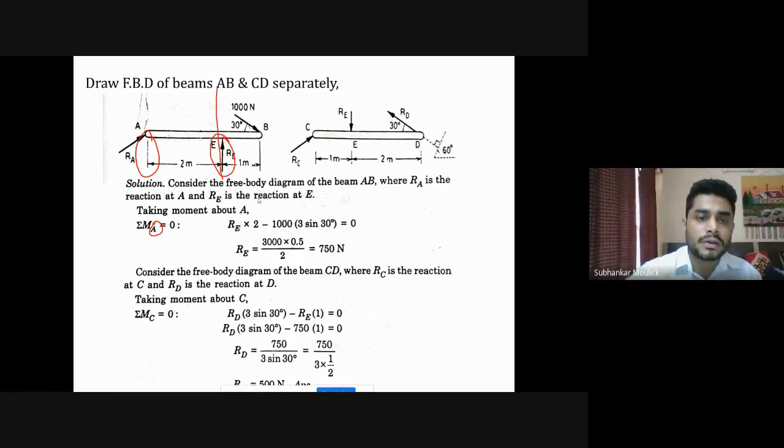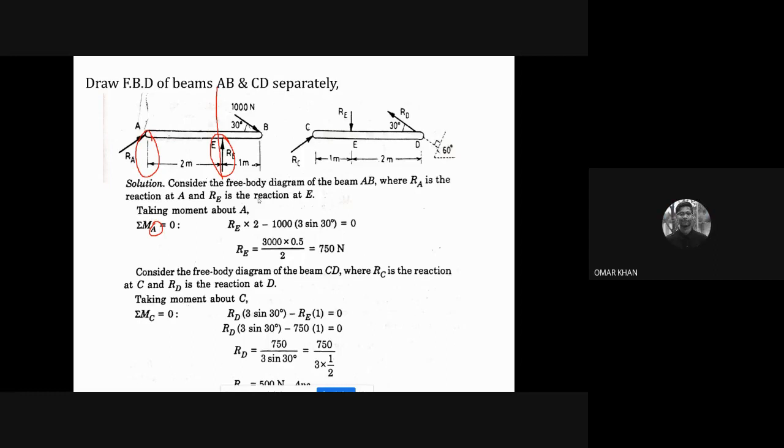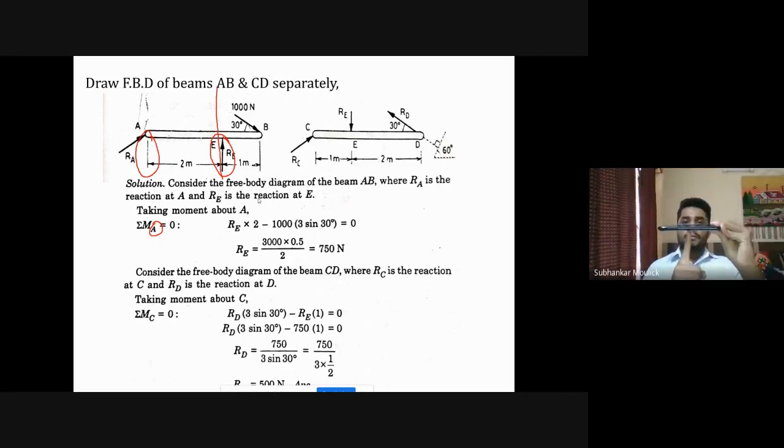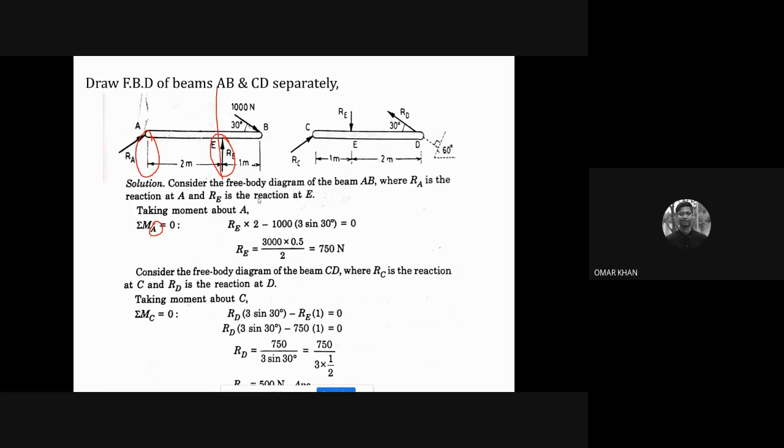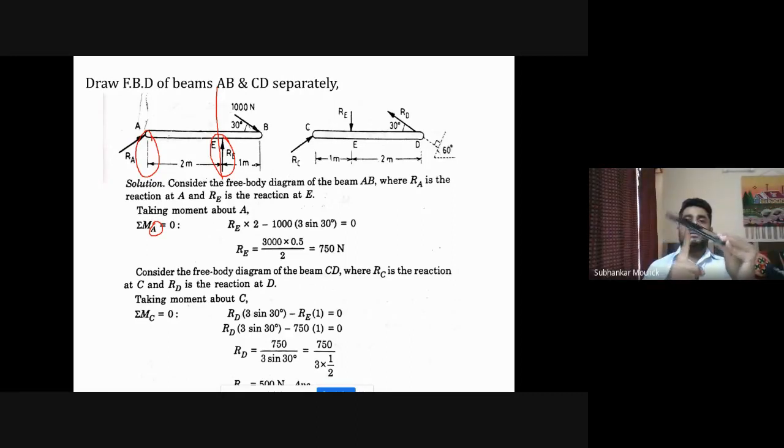How come it is clockwise? No, sir, anti-clockwise. And this is point 3. So the body is rotating like this. Can you please notice? The body is rotating like this, which means it is going in anti-clockwise direction.